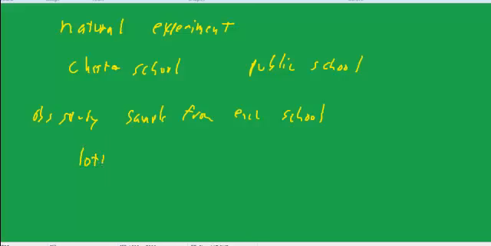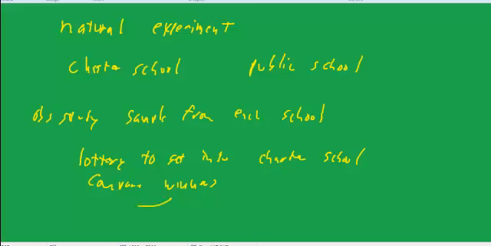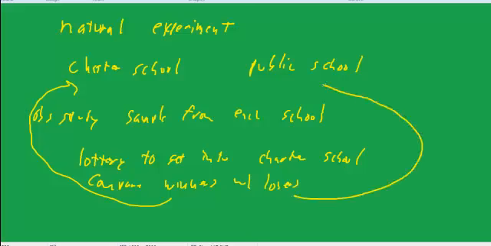So you look at a lottery to get into the charter school, and then you compare the winners who went to the charter school with the losers, that is, people who entered the lottery and so presumably are similar to the winners on average, but they ended up in the public school.